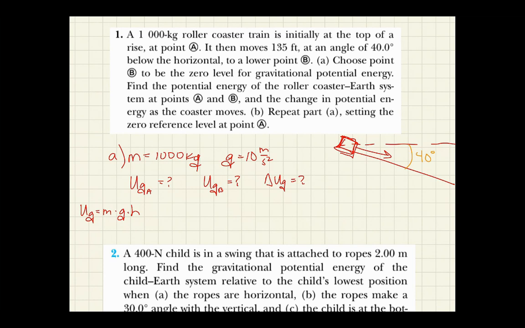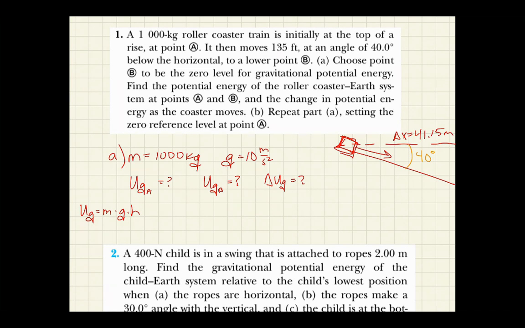So the first thing we need to do in order to solve this problem is to convert 135 feet to meters. That comes out to be 41.15 meters. So delta X is 41.15 meters.